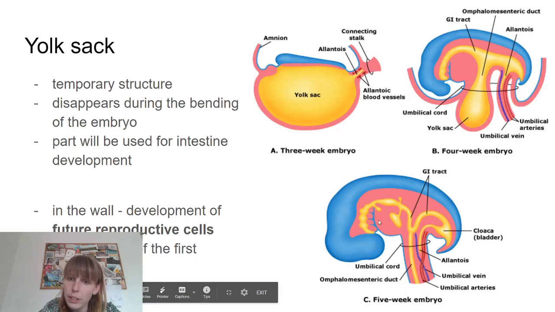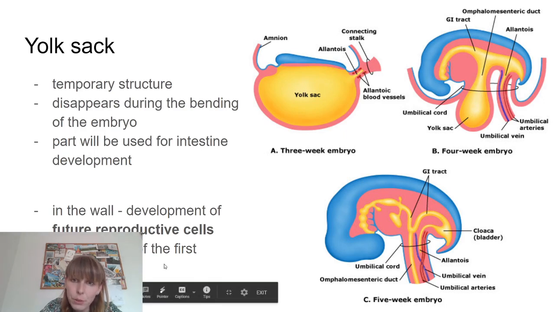So it will just remain as a developmental stage of some of the parts of the GI tract, and we can still see it here going into the umbilical cord.